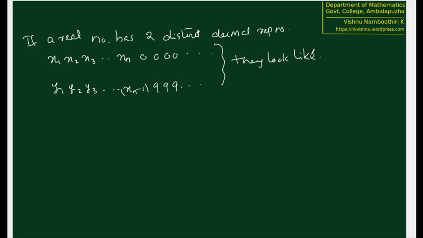So of any two different decimal representations we take, one of them must be in the form x1, x2, x3, etc., xn, and then 0, 0, 0, etc. And the other representation must be of the form y1, y2, y3, etc., and xn minus 1 at the starting position. And so in fact we should modify it slightly. All these digits are actually the same, so we cannot even write like this.